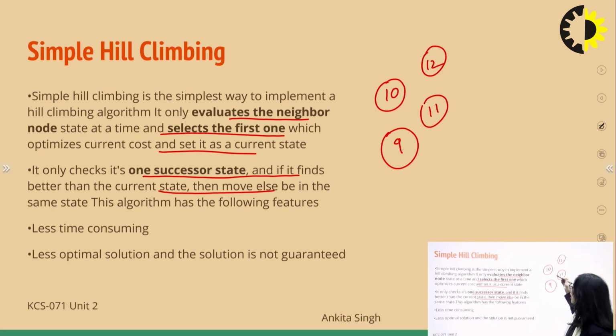Suppose I start searching from 9. I search 9, its objective function value is less than mine, so I won't move. I will search 11. Its value is better than me, so I will jump. I won't consider even 12. That is simple hill climbing.